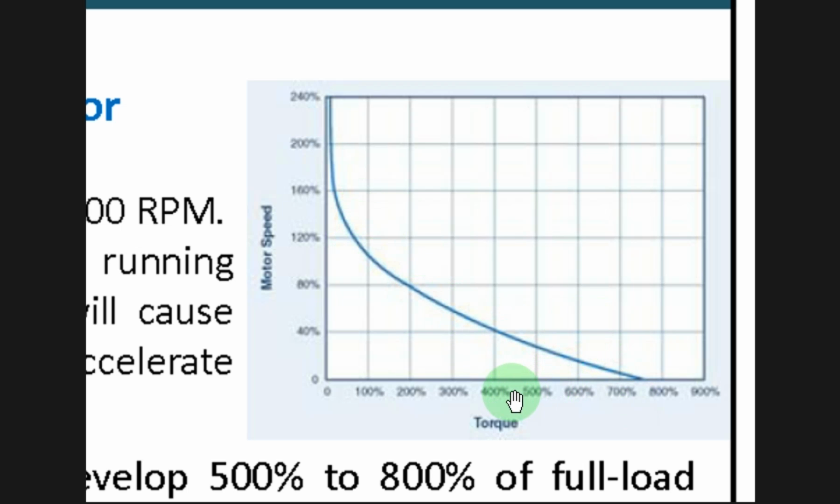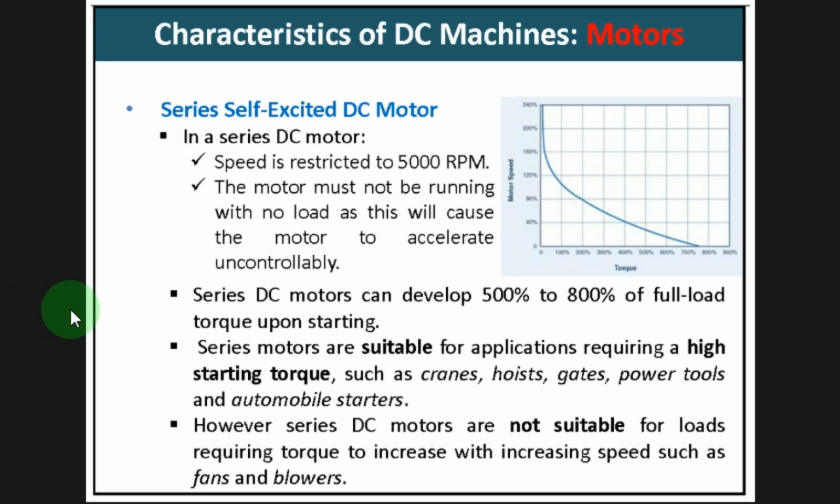When the load is high, the speed reduces. So at no load, it is running at very high speed. So that is the series self-excited DC motor.